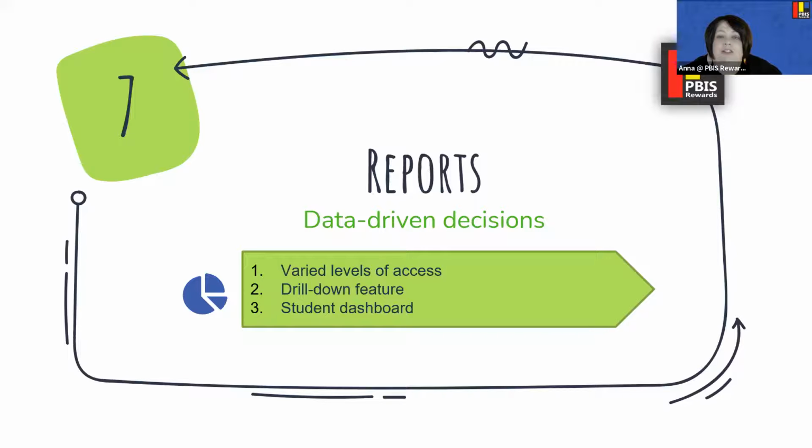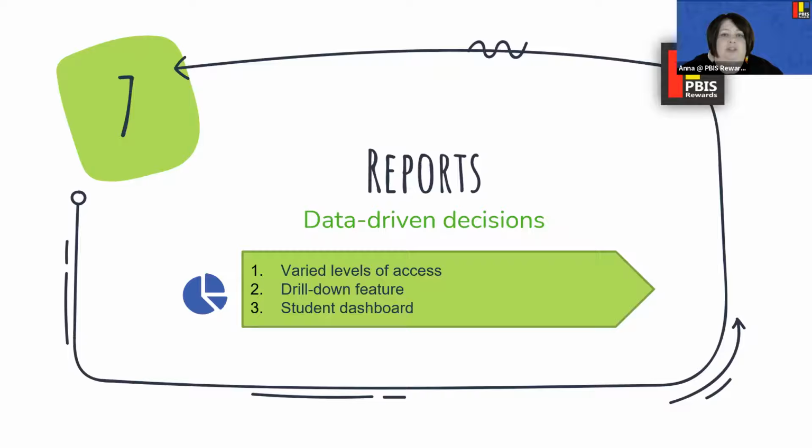Looking at the different types of access, we have an admin access and a staff access. And again, allowing us to drill down and really look at where we can make changes and where we can go back and do some reteaching. We might have to do some very specific lessons again with our specific students, or do we need to do that as an entire school?